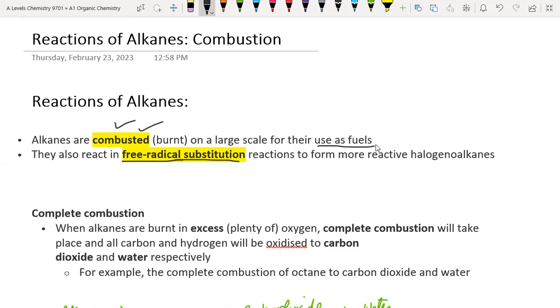Combustion is divided into two main types, that is complete combustion and incomplete combustion.